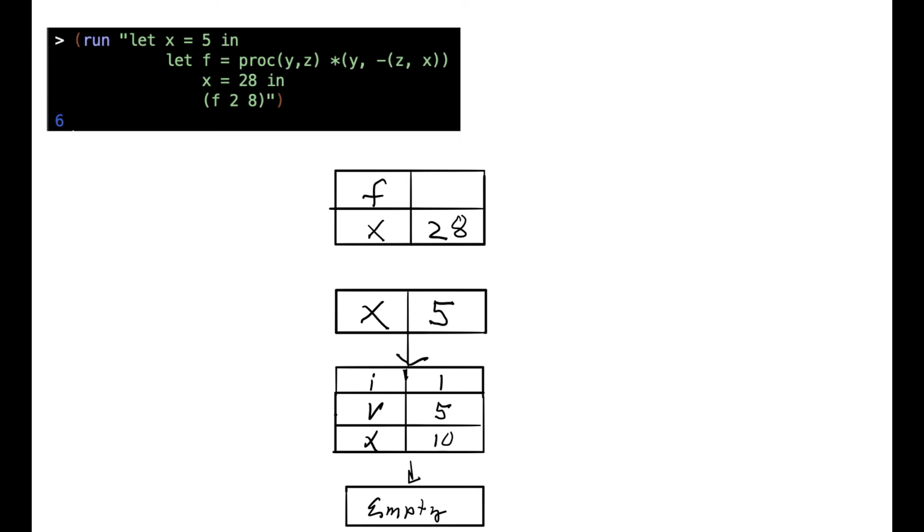But we're going to go ahead and create our closure. So when we run the body, this proc, it's going to create a closure, and the closure is going to have some IDs, which in this case are y and z.